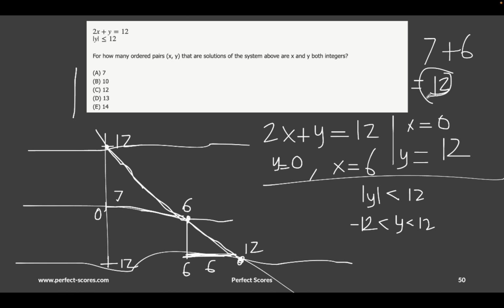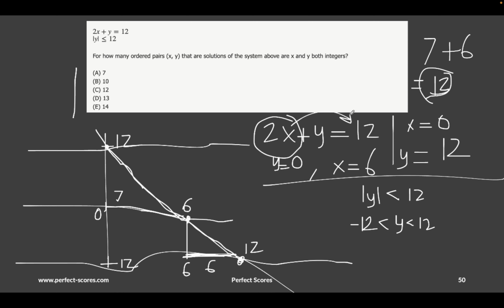You will have these values because if x is an integer, y will turn out to be an integer. Why is that? Because if x is over here an integer, and then you just go there and subtract, y will turn out to be an integer. So you can start with x. Don't start with y here because then you'll have to figure out the even numbers.